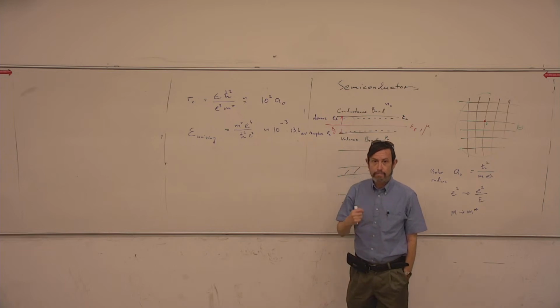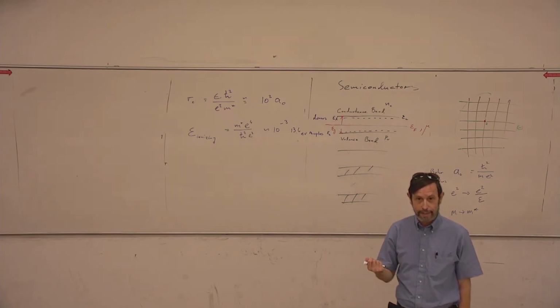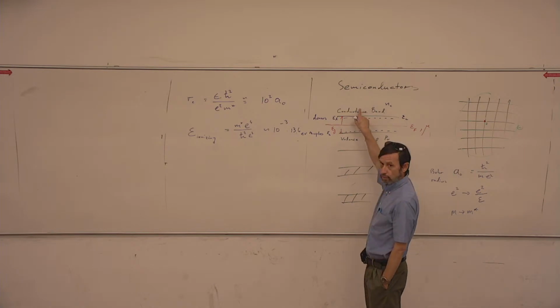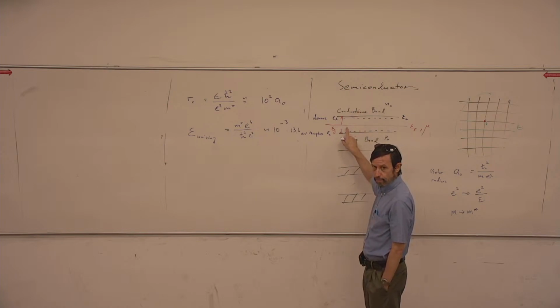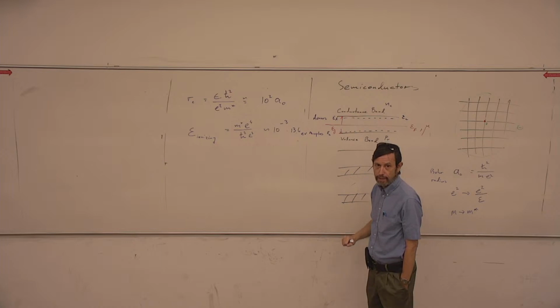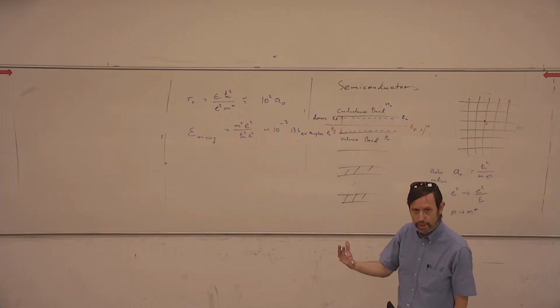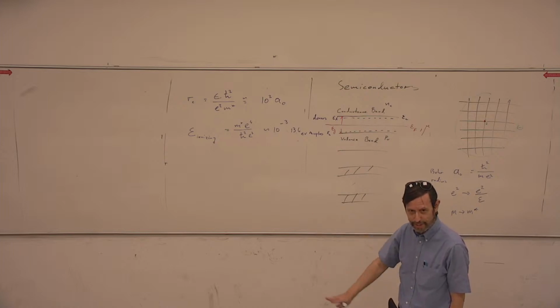So adding donor impurities creates de facto electrons in the conduction band. Adding acceptor impurities creates holes in the valence band for any reasonable temperature, and room temperature is definitely reasonable.